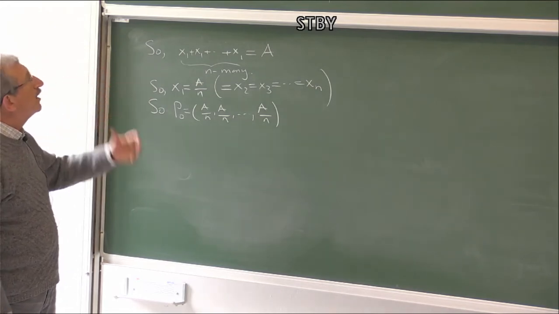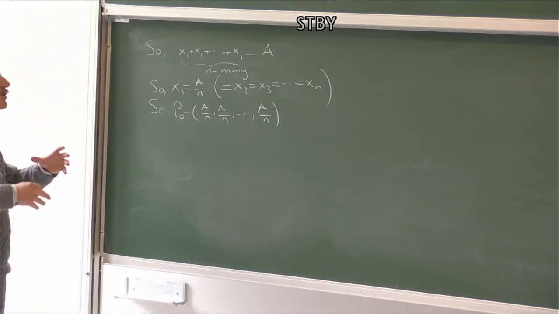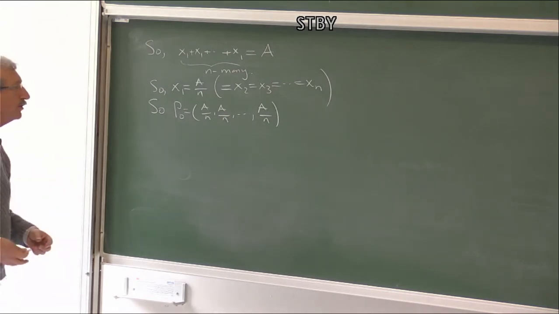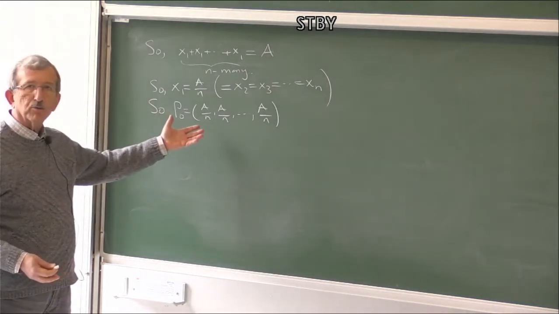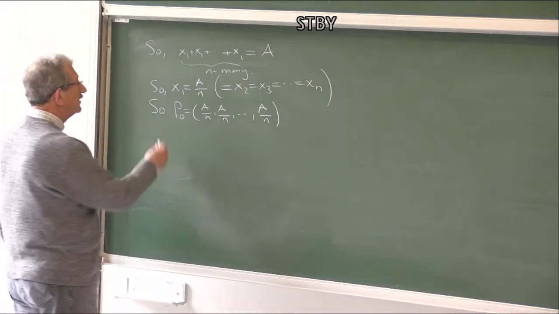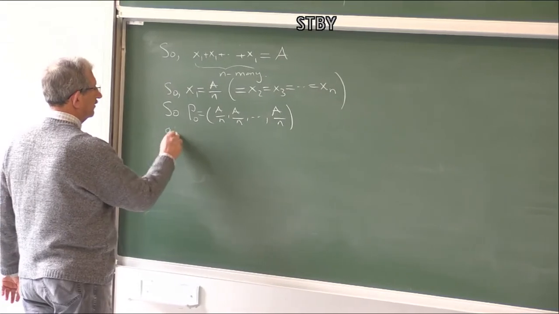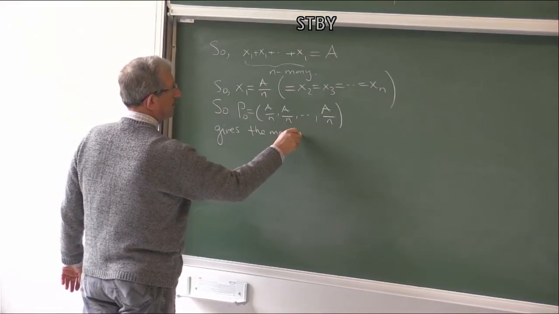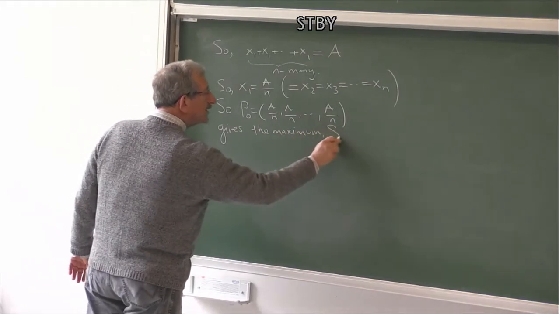Well, because the sum is A, these values are all bounded by A from above, and so, because of continuity, it has a maximum anyway. It cannot go to infinity. So this gives the maximum. Well, this means the following.